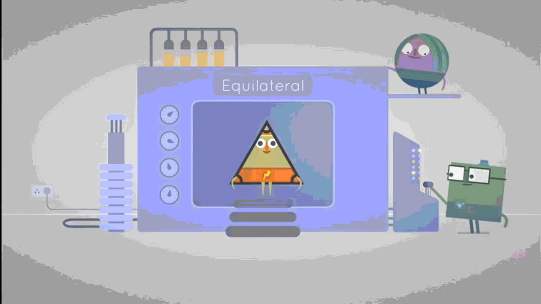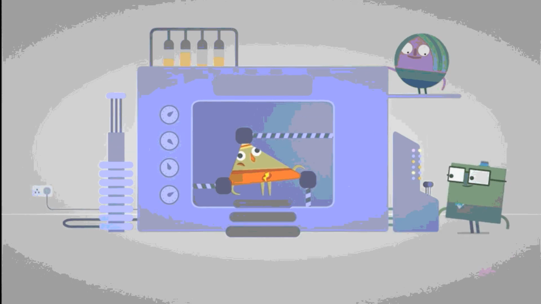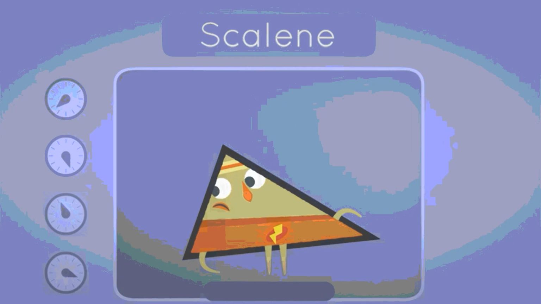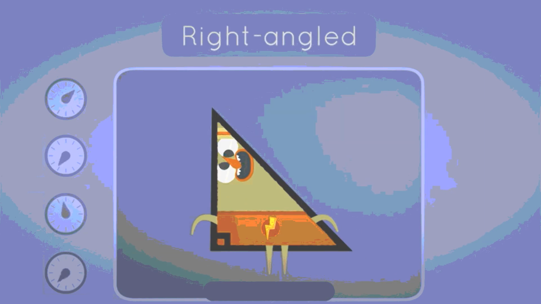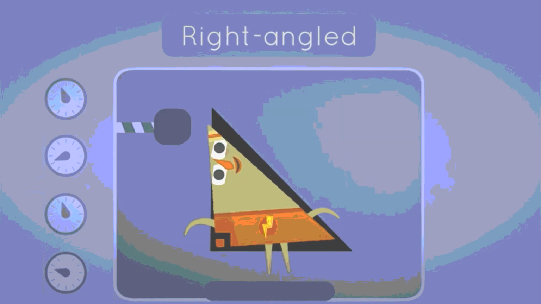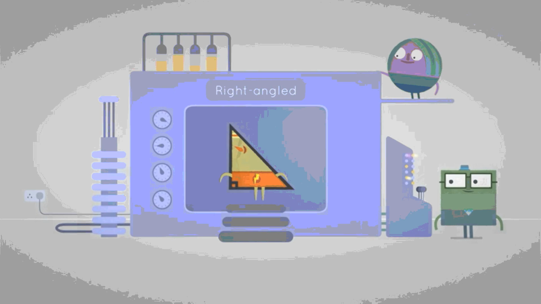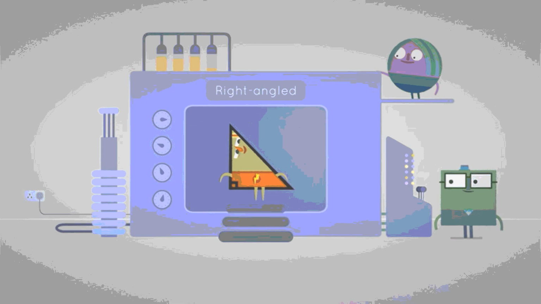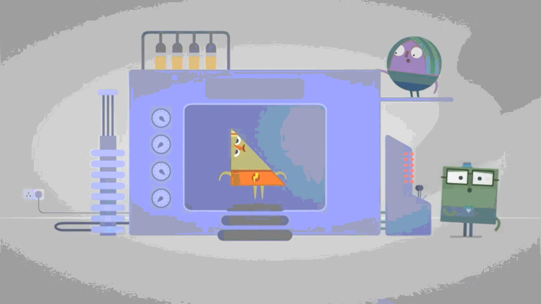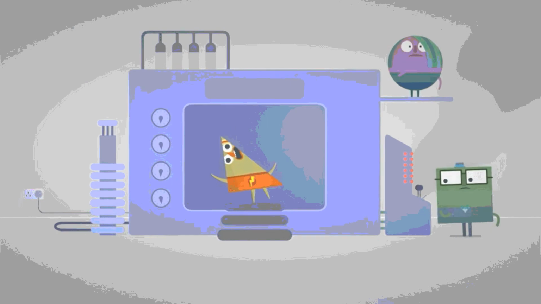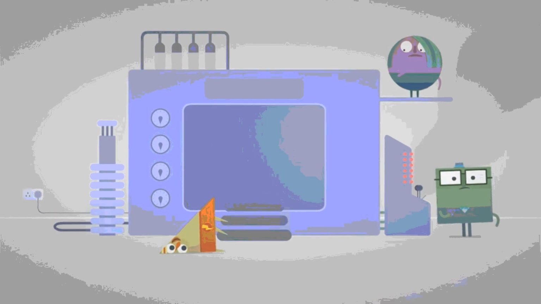All the angles are 60 degrees. This is a scalene triangle. All the sides are different lengths, and each angle is different as well. This one's a right-angled triangle, where one angle is always a right angle, so that's 90 degrees. Excellent stuff. Right, let's get you back to normal. Oh dear. It's fine.